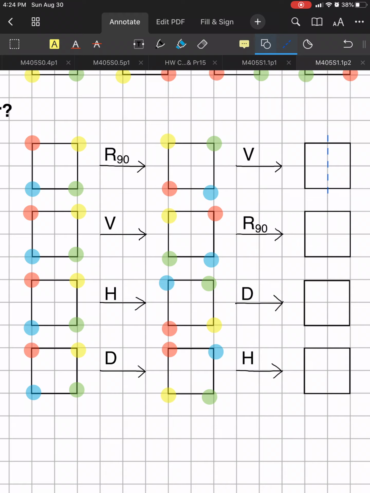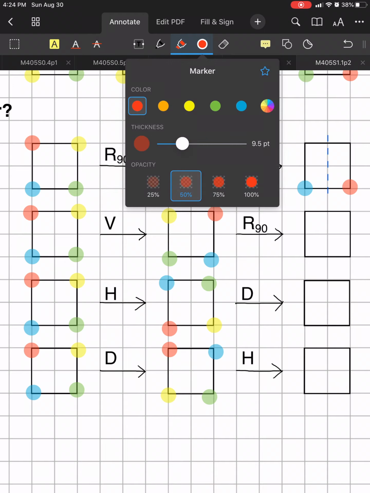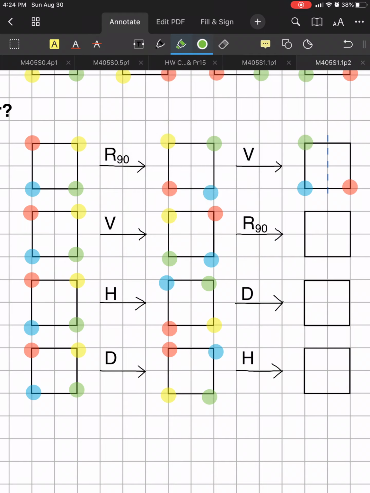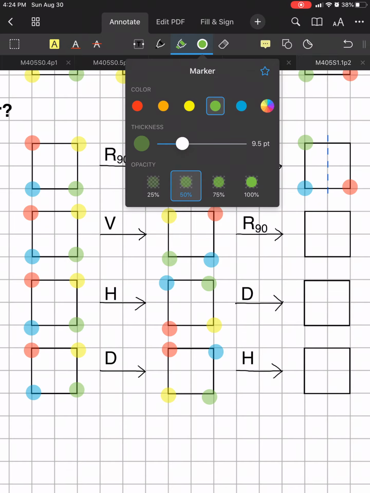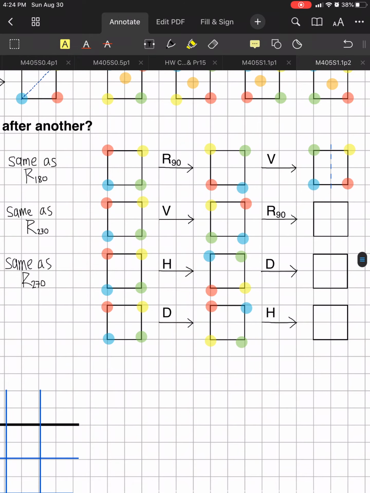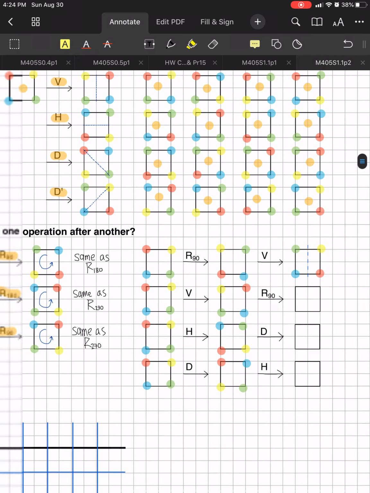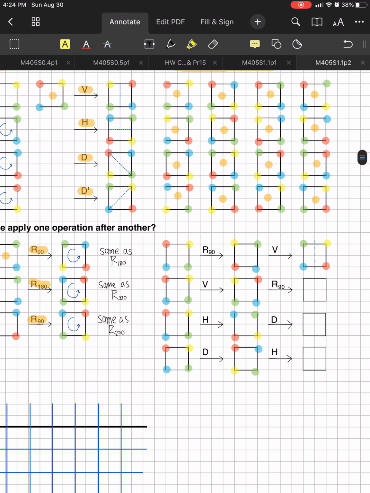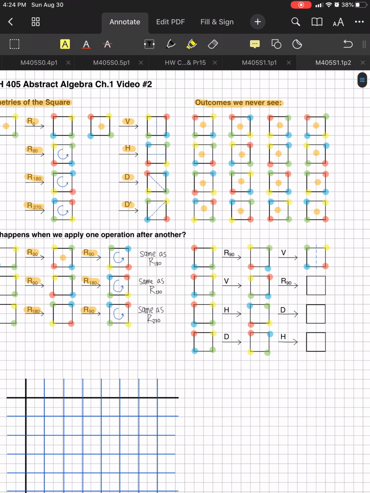A flip about that line. So let's go ahead and do that. Well, everything gets flipped to the other side, left to right, so blue goes there, pink goes there, green goes there, yellow goes there. So we've done 2 steps, we get this result. Let's look and see if we can find one that matches. Go ahead and see if you can find one of these that this matches. Pause it if you need to.